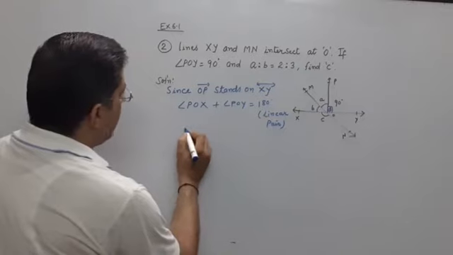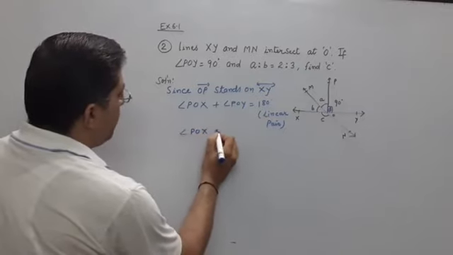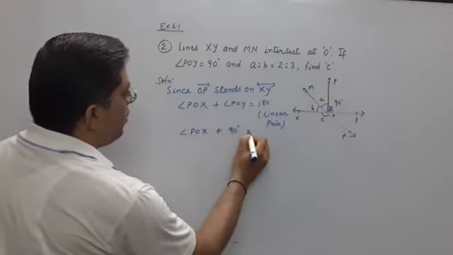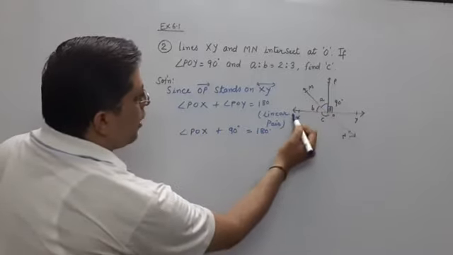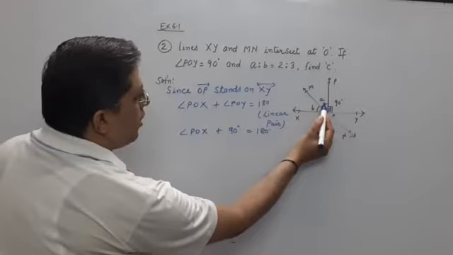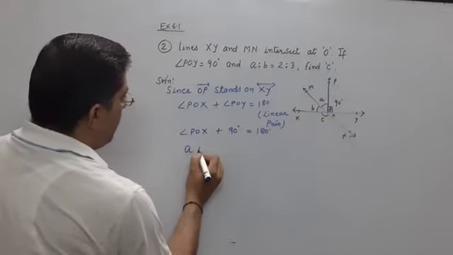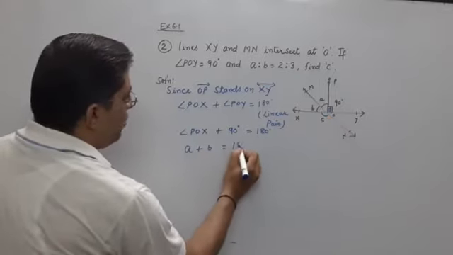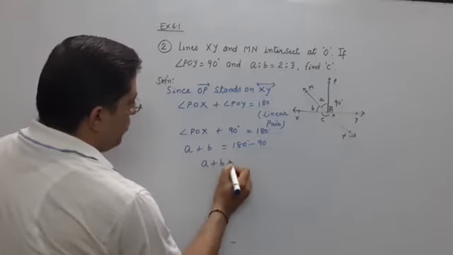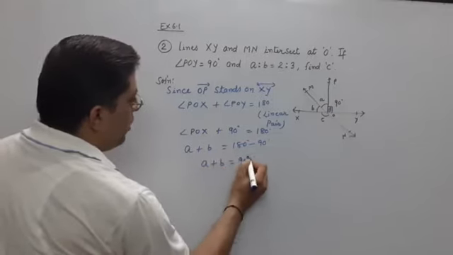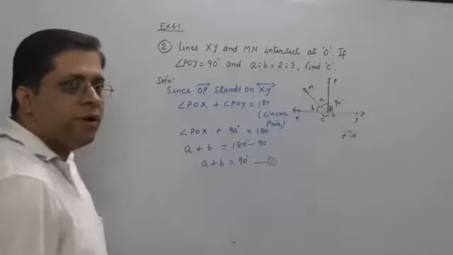I am putting POX plus POY, this is 90, is 180 degrees. POX is divided into two parts, angle A and angle B. I am writing here A plus B and sending 90 degrees to that side. Then A plus B will become 90 degrees. This is equation number 1.